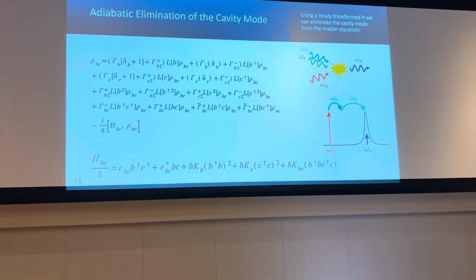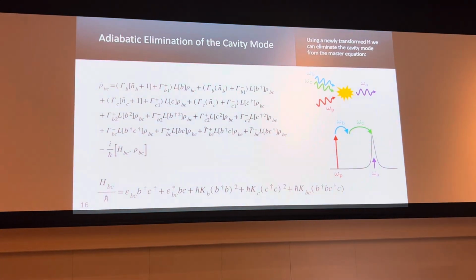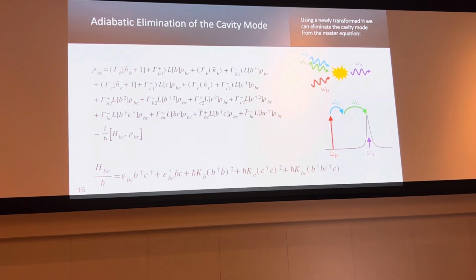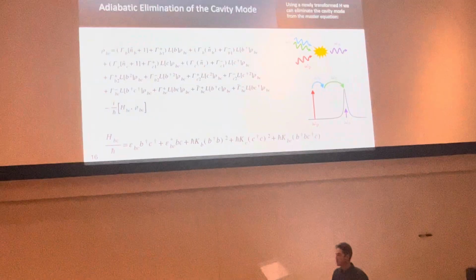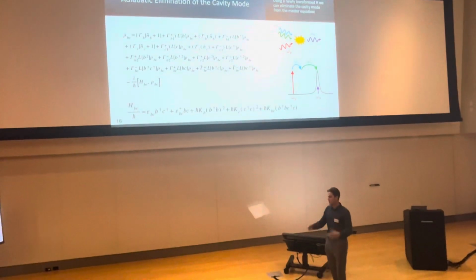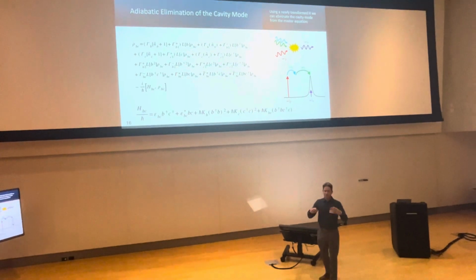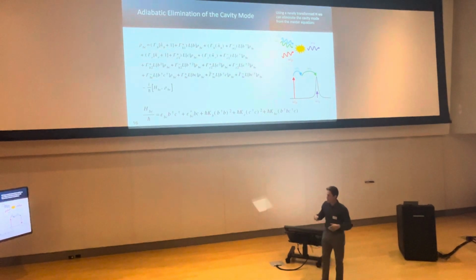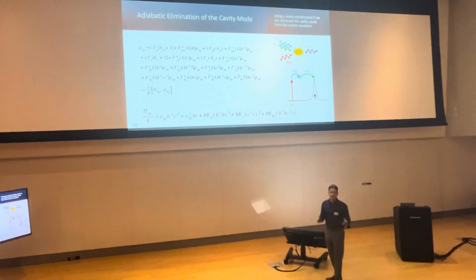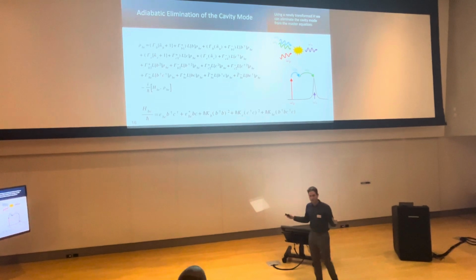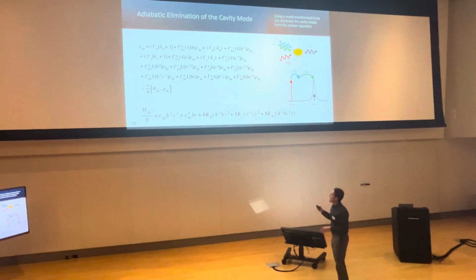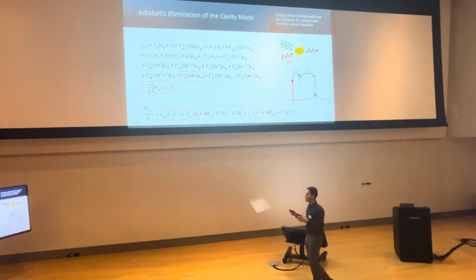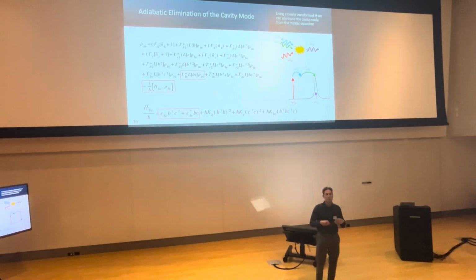One thing that I've worked on is eliminating the dependence on the cavity mode for our equations of this pair coherent state in our optomechanical system. When you adiabatically eliminate this cavity mode, you end up with these equations here. Now I know it kind of looks like a mess. There are a lot of different terms and a lot of different rates. But there's a good thing to see as part of these equations, which is that the pair coherent state is still baked in.